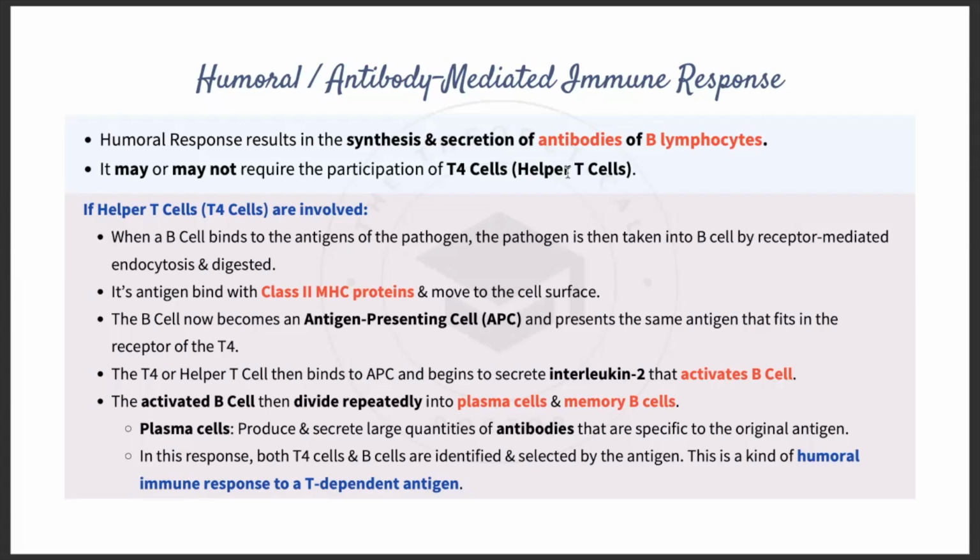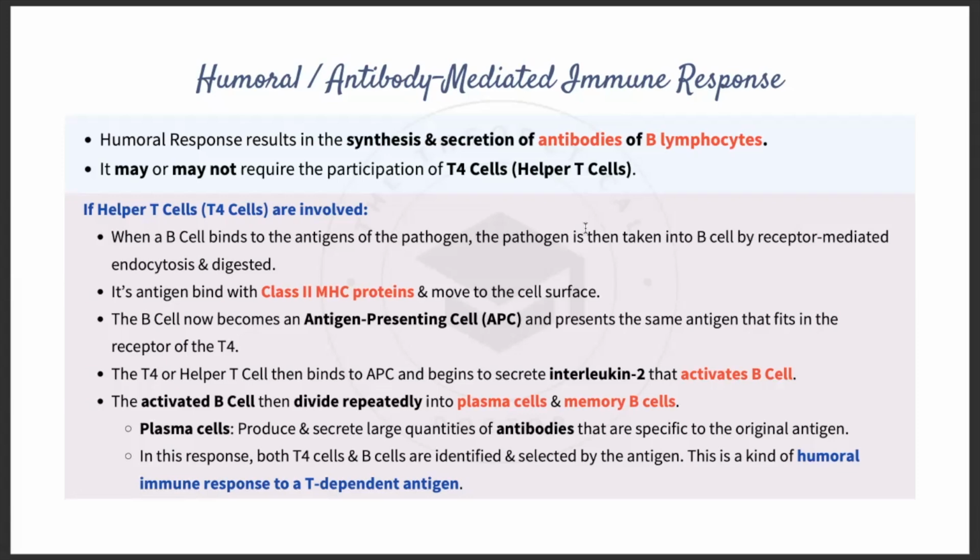So now the B cell becomes an antigen presenting cell and presents the same antigen that fits in the receptor of T4. So this part here, as you can see, is very similar to the cell-mediated immune response when helper T cells are involved.